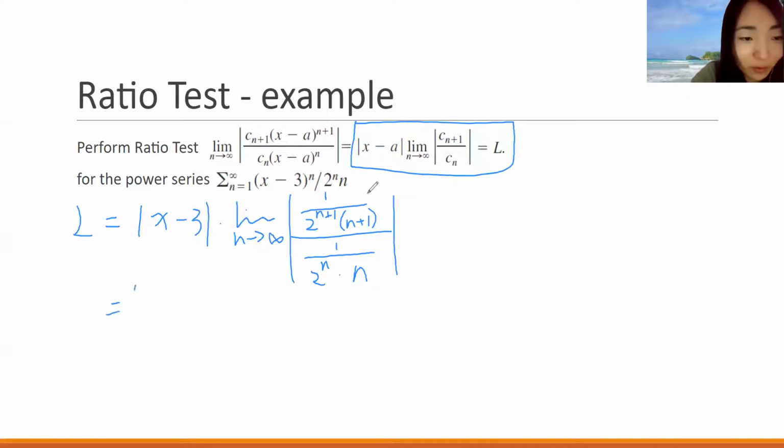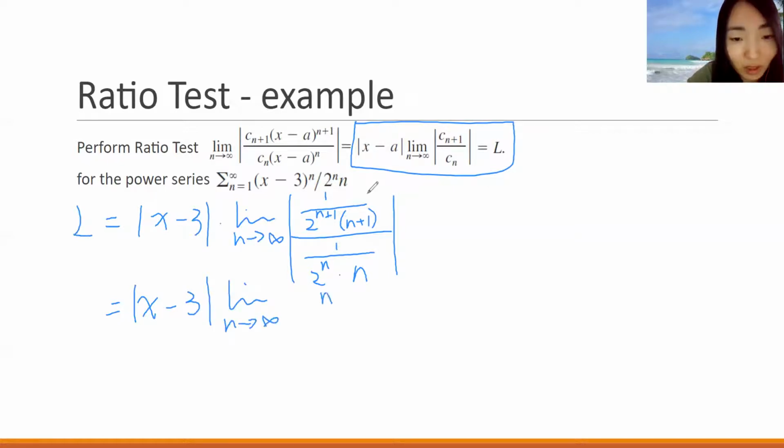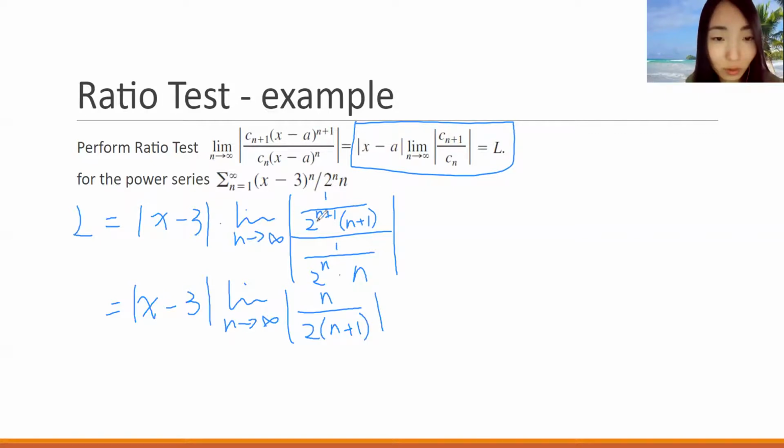So if we simplify this fraction a little bit, we should get the limit when small n goes to infinity of n on the top, 2 times n plus 1 in the bottom. This is because we have a 2 to the power of n on both the top and the bottom, so this gets canceled out. And we have a 2 left in the position of the denominator, also this n plus 1.